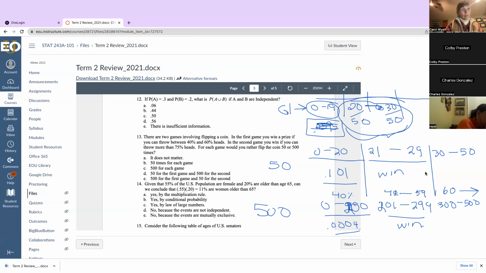On this one, if I go from 29 down to 50, figure out what the probability of winning is. Again, I'm going to go binomial CDF. Now I'm going to go 50 trials, probability of flipping a coin is 50%.